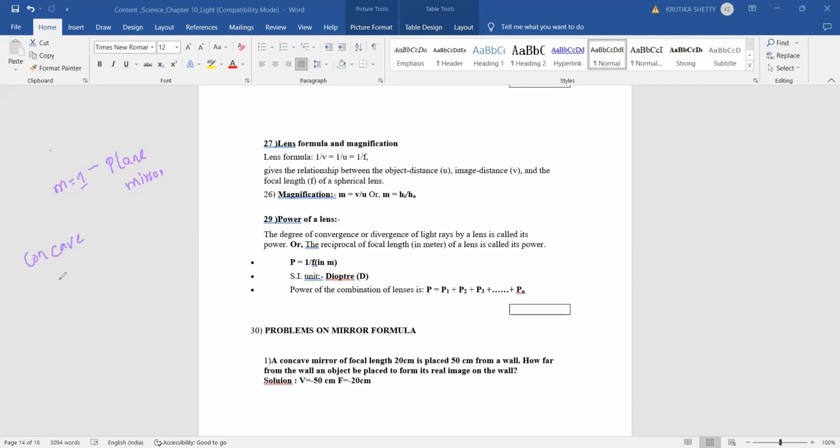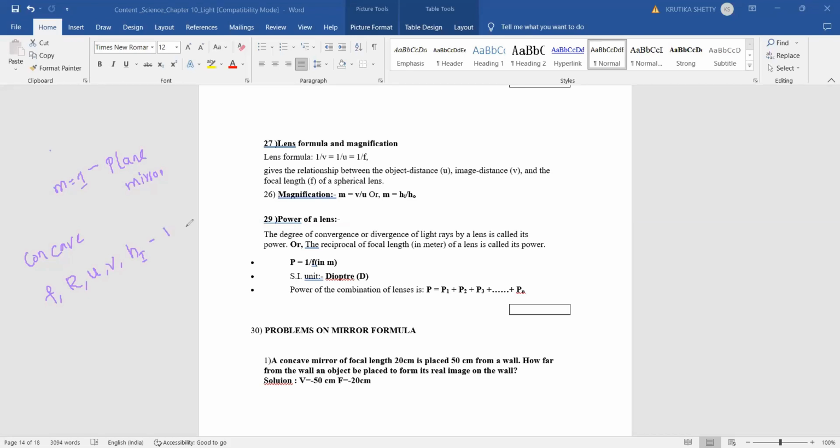for the concave mirror, when you have the real inverted image, the focal length, radius of curvature, object distance, image distance, and object and image height, they are negative.